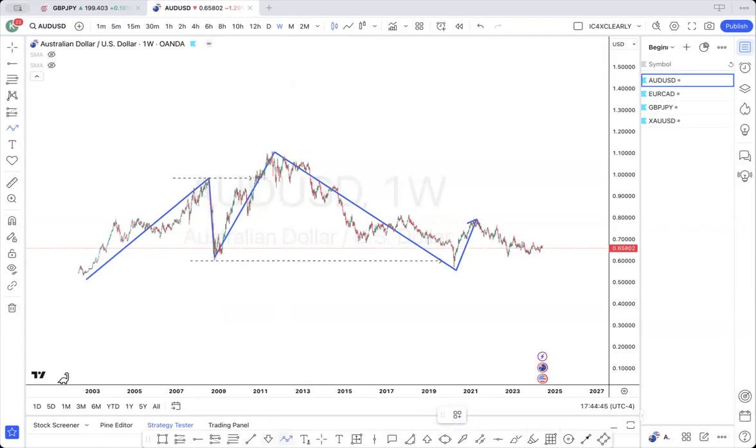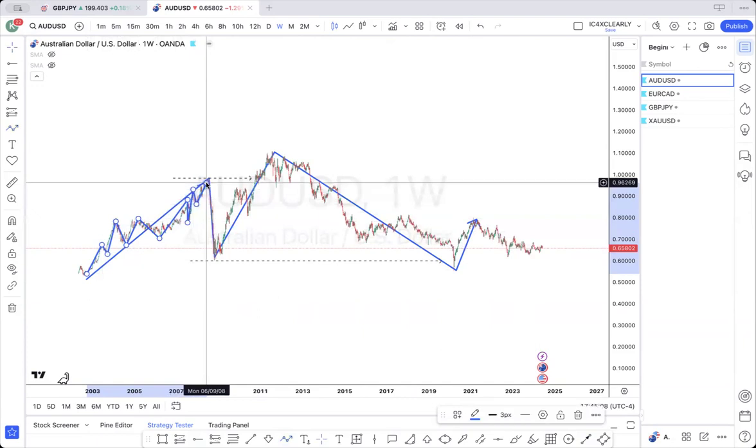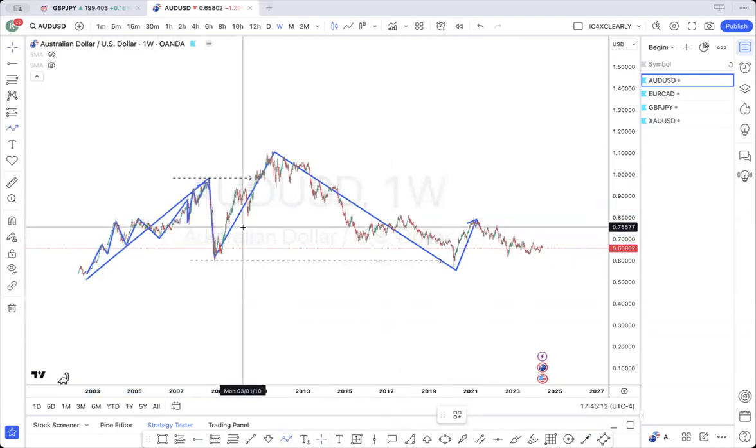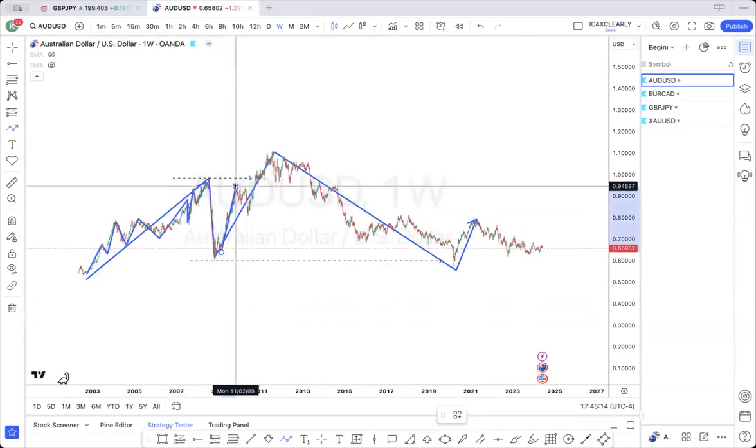So we have the external points here, and then we have the internal swings. Does everybody understand that much so far?